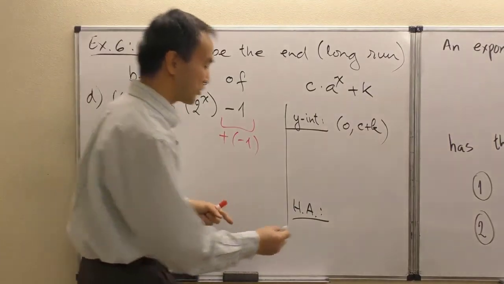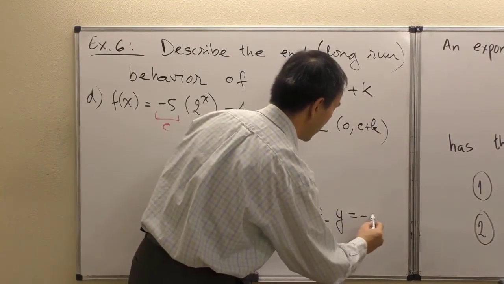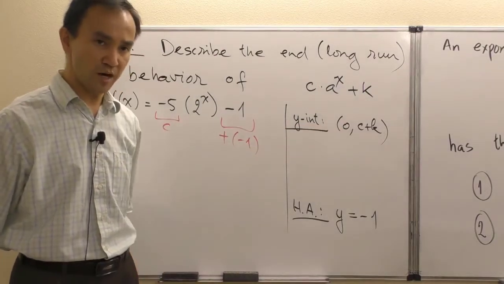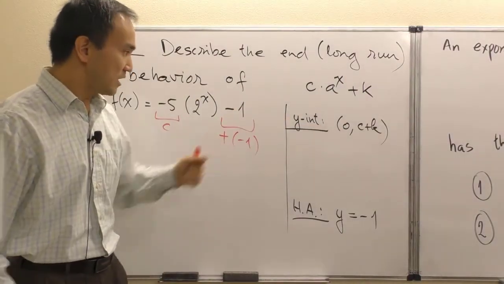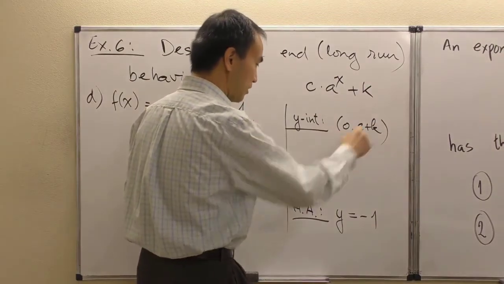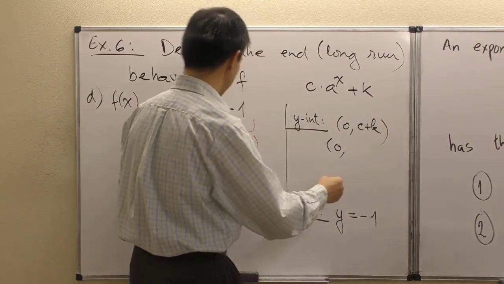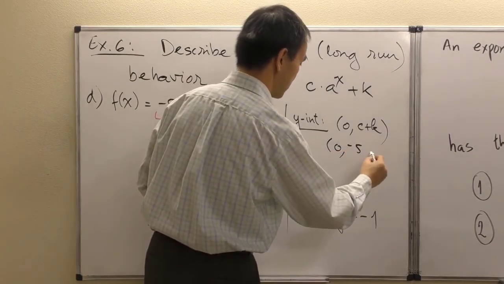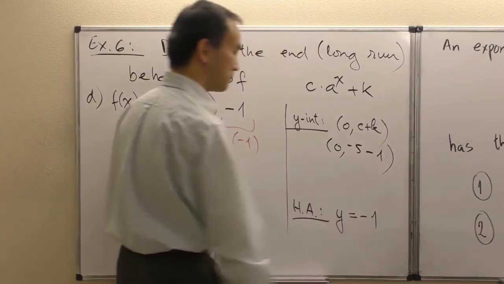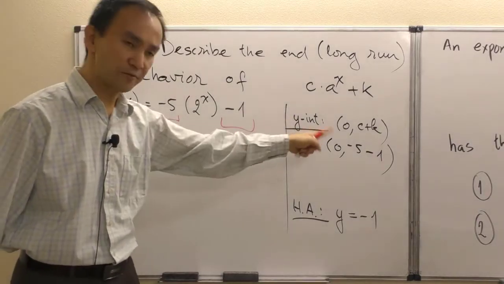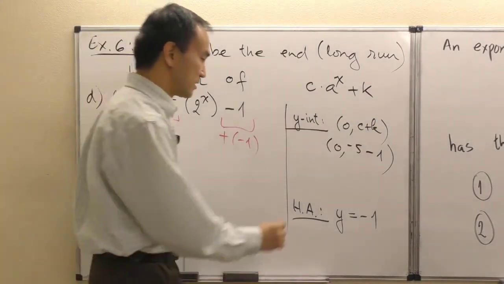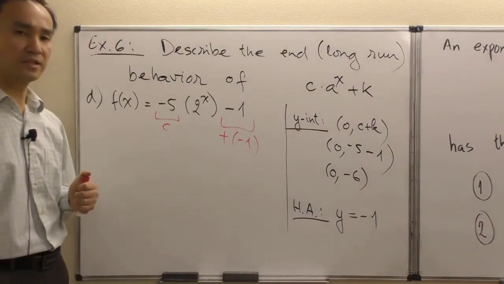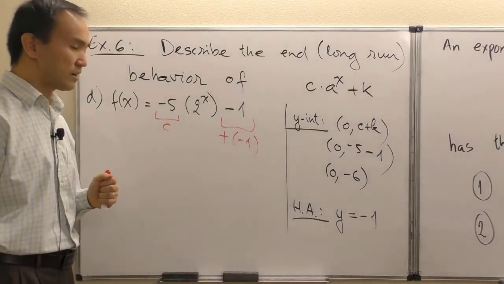The horizontal asymptote is y equals negative 1, a line below the x-axis. The y-intercept is (0, c plus k), where c is negative 5 and k is negative 1, which is negative 5 minus 1. So we're looking at (0, negative 6).